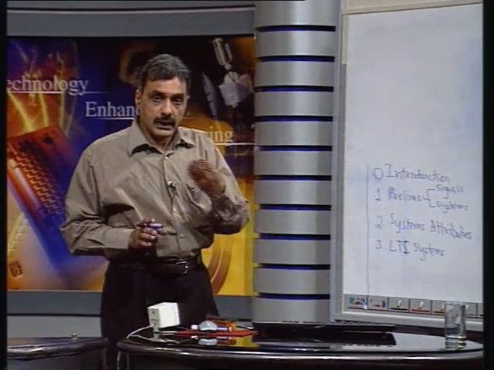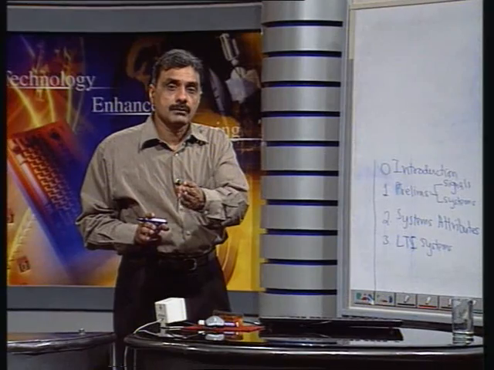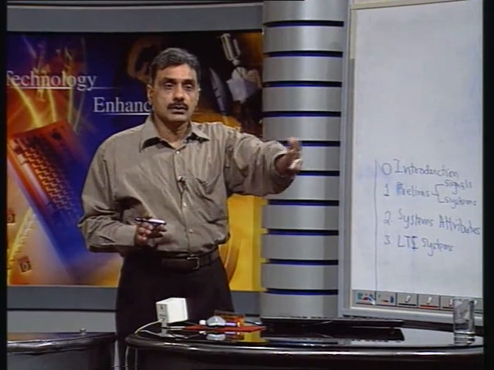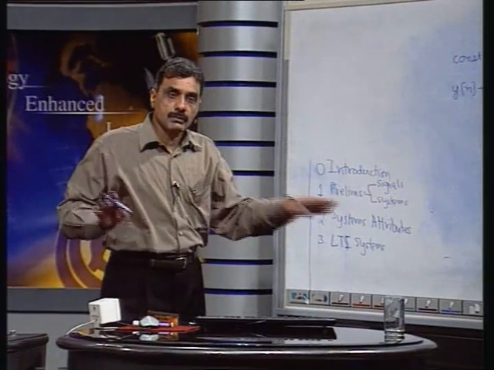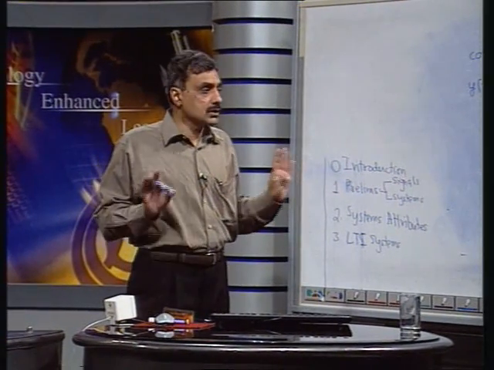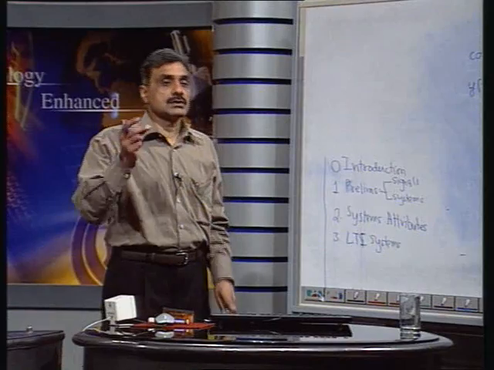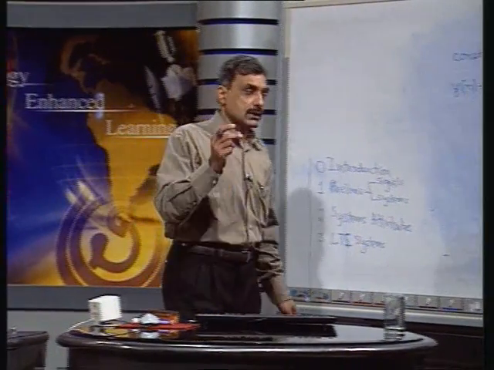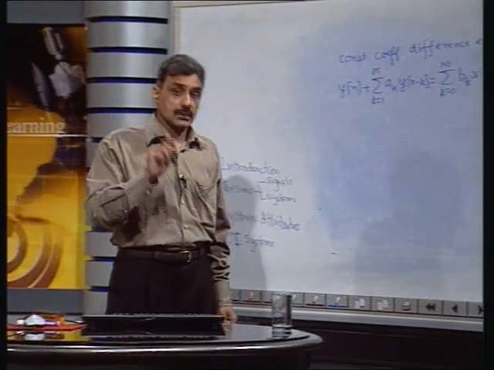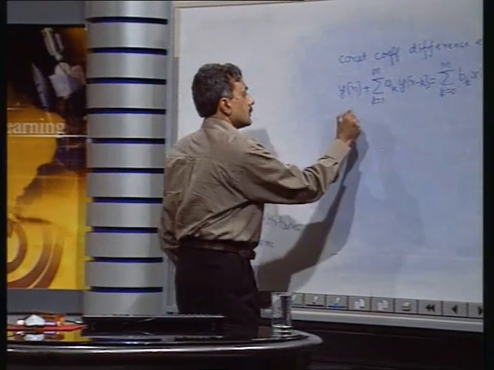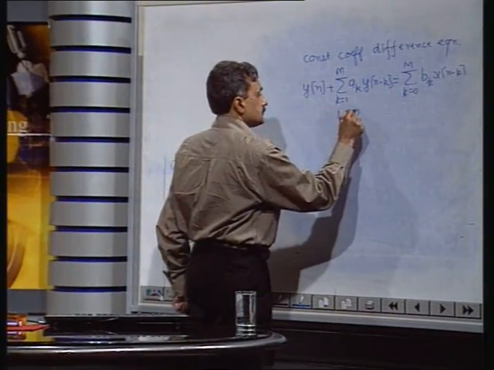That means prior to the application of the input, the output is 0 and the system is relaxed. Input and output are both 0 prior to n equal to 0; everything is at rest. Under such circumstances, the system can be treated as a linear time invariant system. Only then will it be an LTI system.